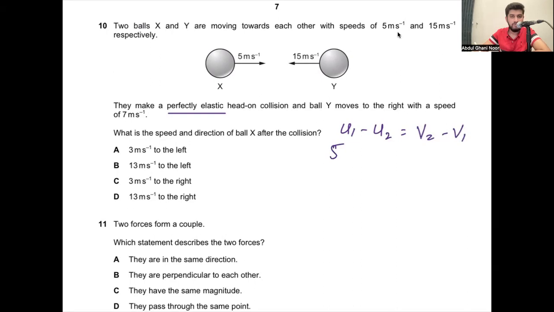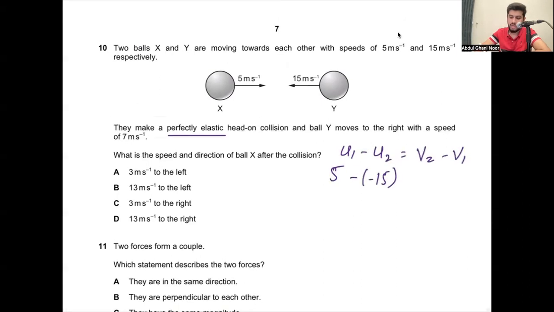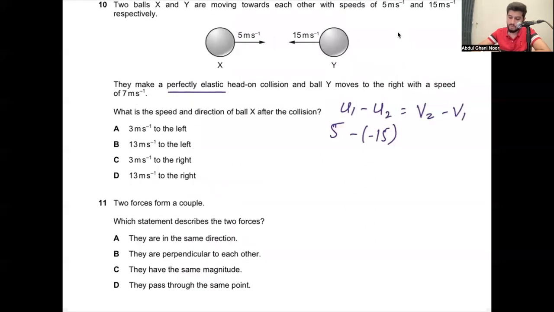U1 is 5, U2 is minus 15 because this is to the right and this is to the left, so this has to be negative. After collision, ball Y moves to the right with a speed of 7, which means V2 is 7, and V1 is unknown. And this gives you 20 equals 7 minus V1.